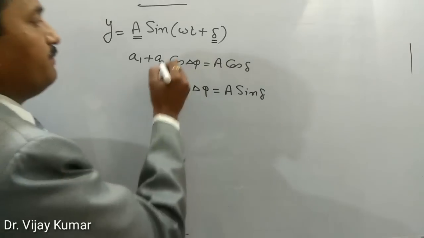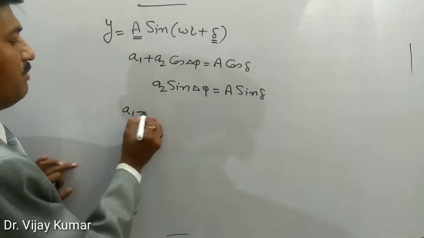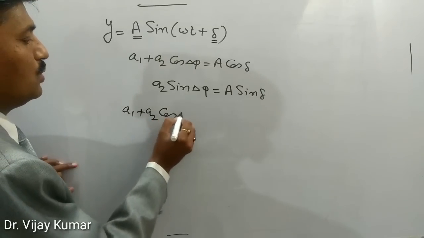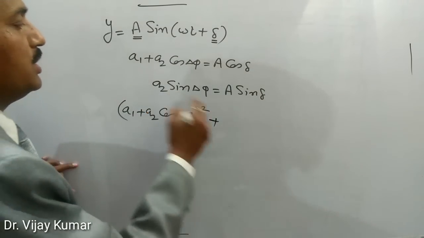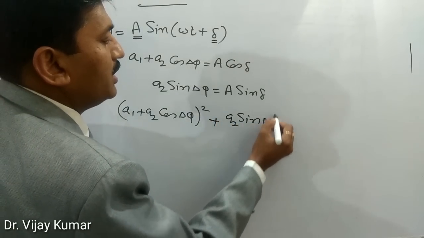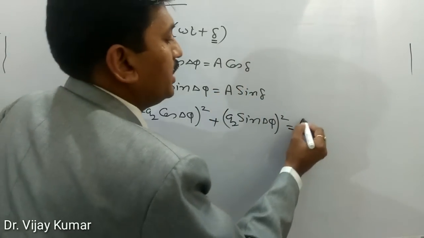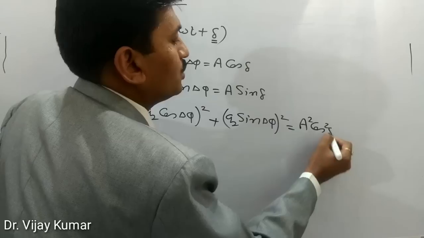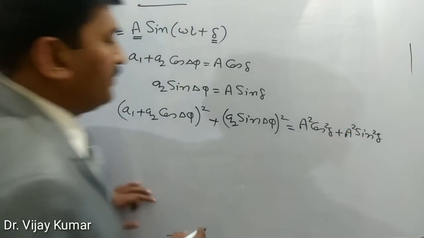If we square and add these two equations, then it becomes (a1 + a2 cos Δφ) whole square plus the square of a2 sin Δφ, equal to A square cos square δ plus A square sin square δ.